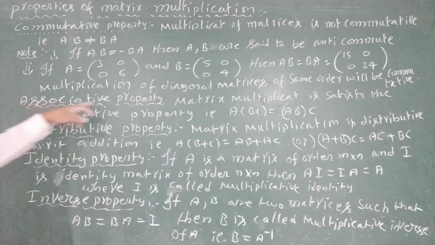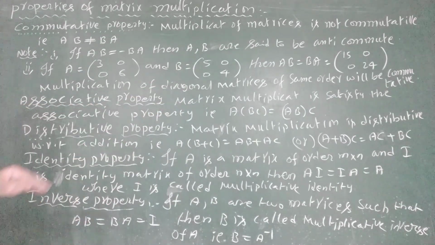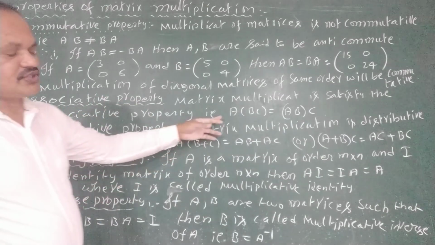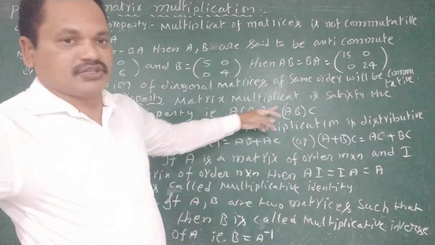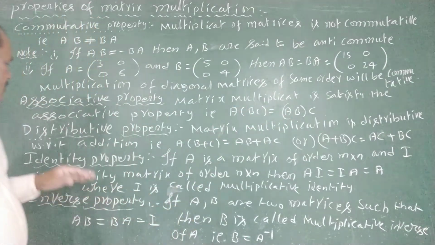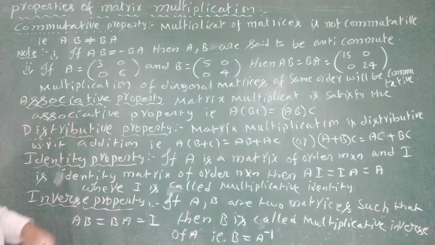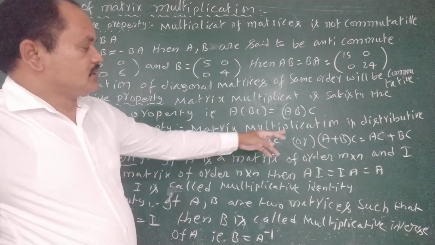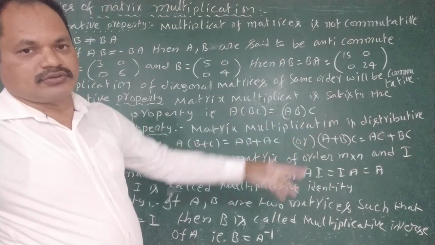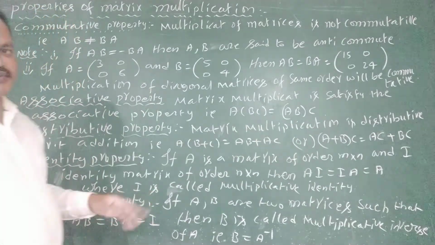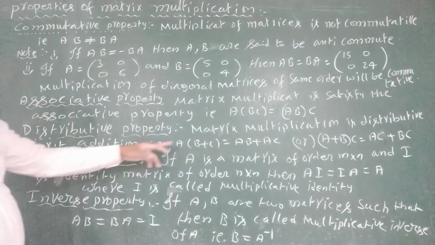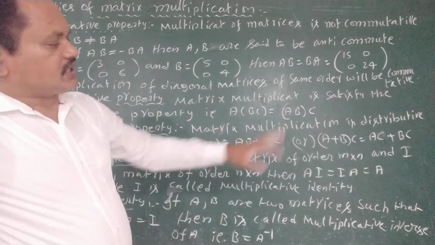Now, the associative property. Matrix multiplication satisfies the associative property such that A into BC is equal to AB into C. The distributive property: A into B plus C is equal to AB plus AC, and A plus B into C is equal to AC plus BC. That's all. Here it is the left distributive property and the right distributive property.